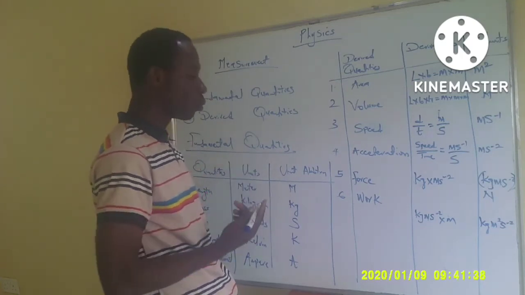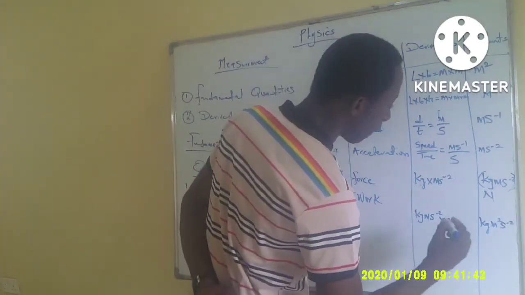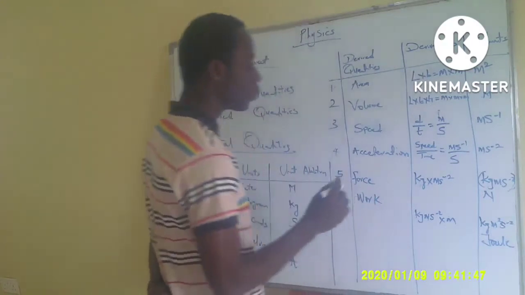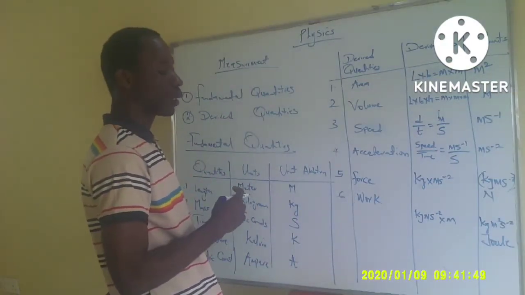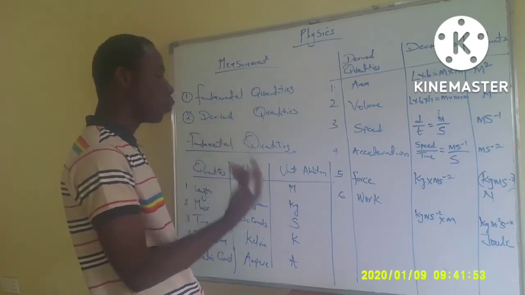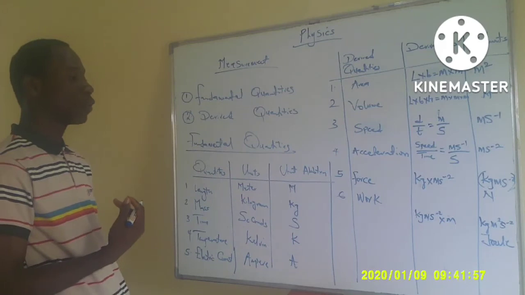By joule. So the unit of work is joule. Same thing as energy. Work and energy have the same unit.